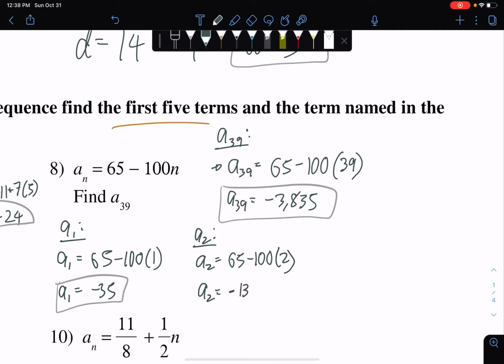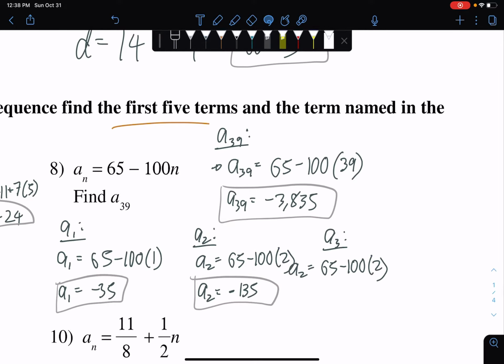A sub 2 is negative 135. For a sub 3, we just replace the entire solution, duplicate. Literally, it's easy if you understand the pattern. So, given that, our a sub 3 is equal to negative 235.